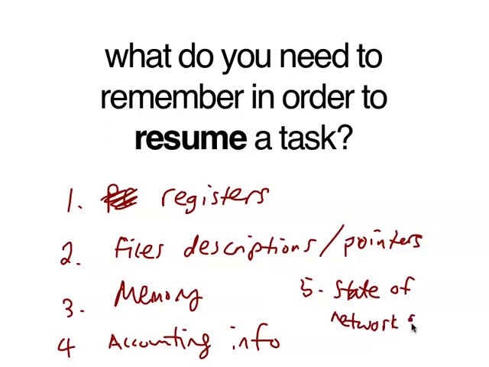If you haven't taken 2105, then don't worry about this; if you have, you'll know what this means. Basically, this just means the state of the connection that this process has with another process, and so on. So these are some things that you need to remember when you suspend a task and want to resume it later.